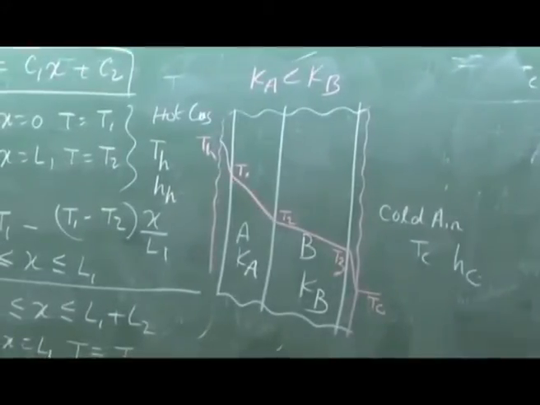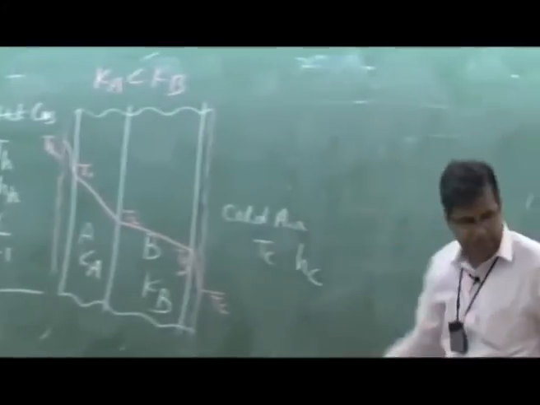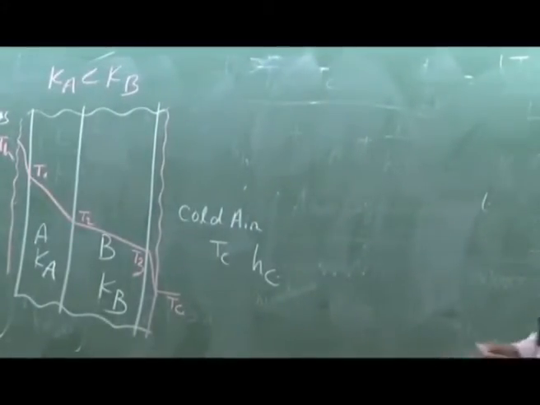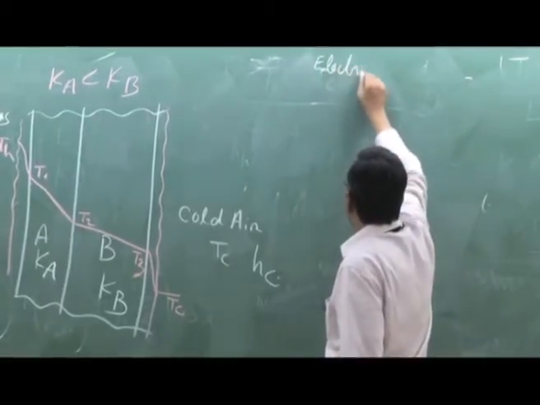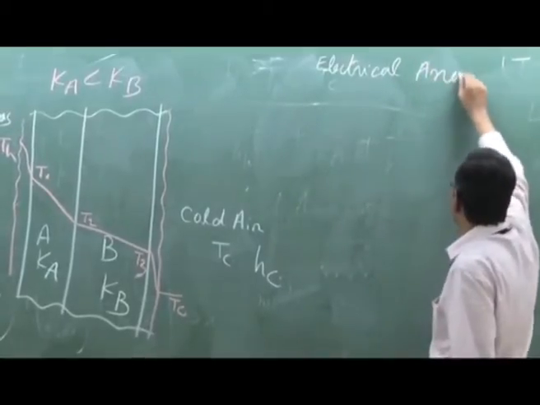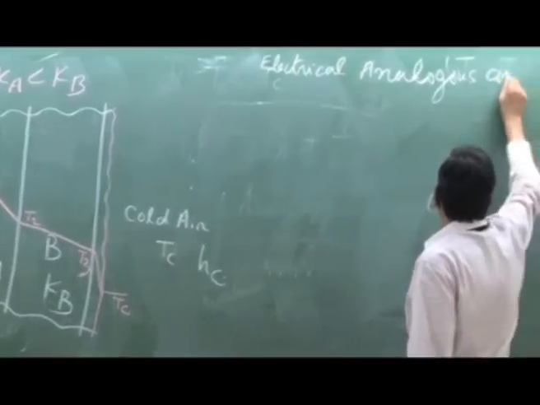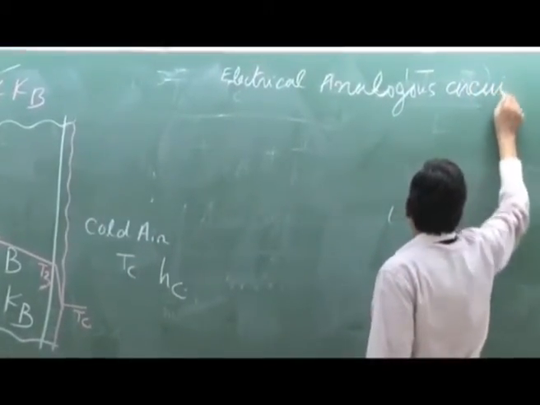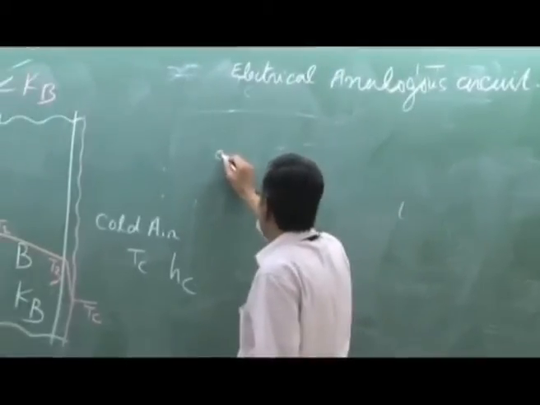Now if the composite wall with convection boundary condition is shown in the electrical analogous circuit, then what do we do? We show it like this.